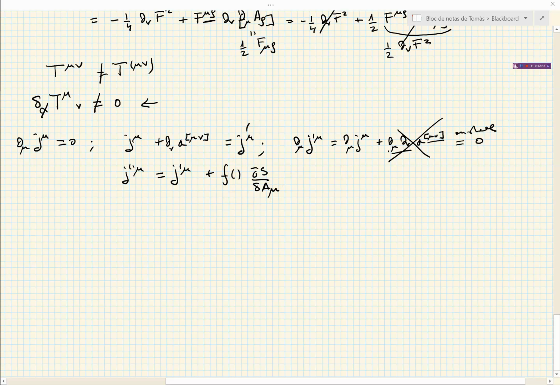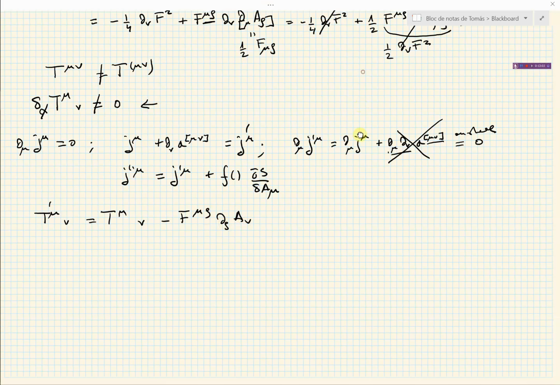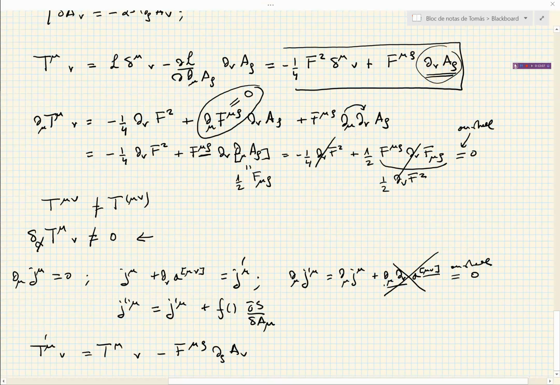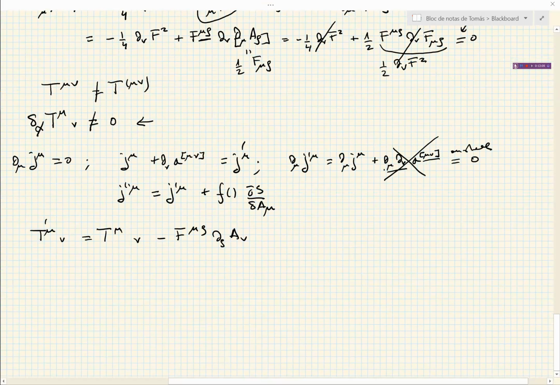In this case, the modification that we want to do, we want to add to T mu nu. So let me write this, T prime mu nu will be T mu nu minus this term. I mean, this is the term that we clearly need to convert this into F nu rho and to have gauge invariance.